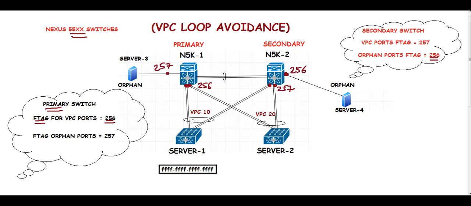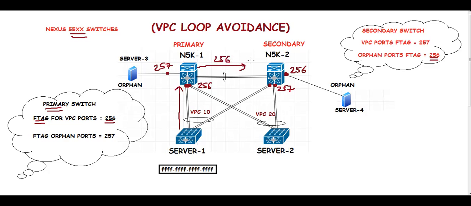Now let's see what happens when the Nexus devices receive the broadcast. Server 1, let's say, sends the broadcast frame to N5K1. When N5K1 sends that frame over the peer link, it is going to put its FTAG value, which is 256.